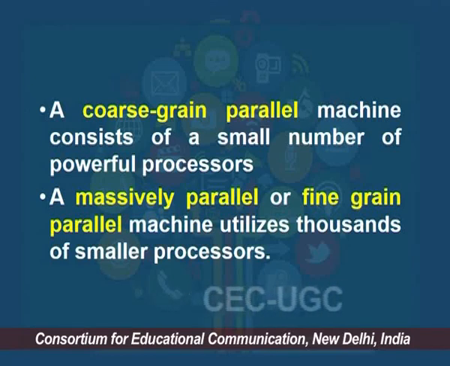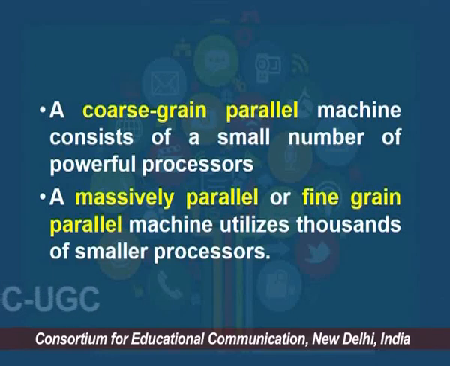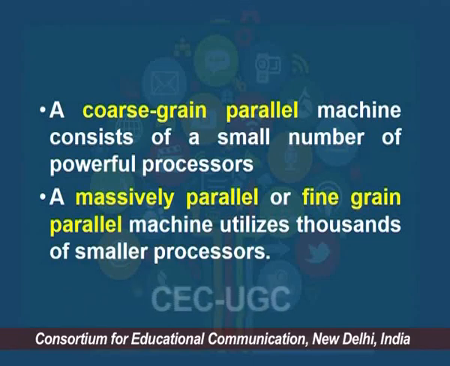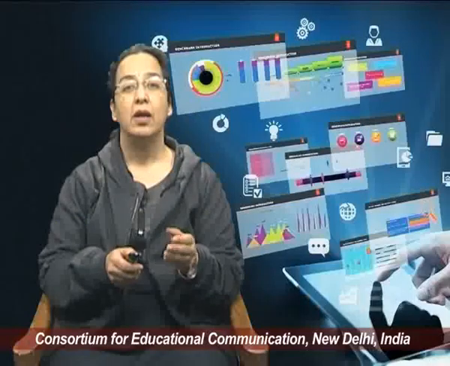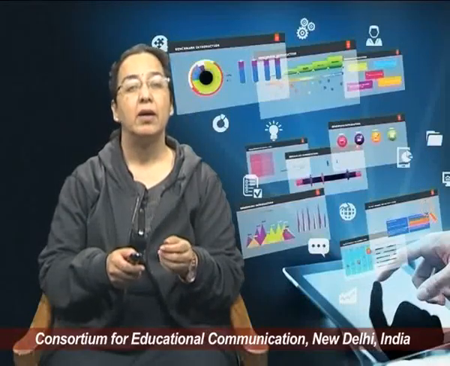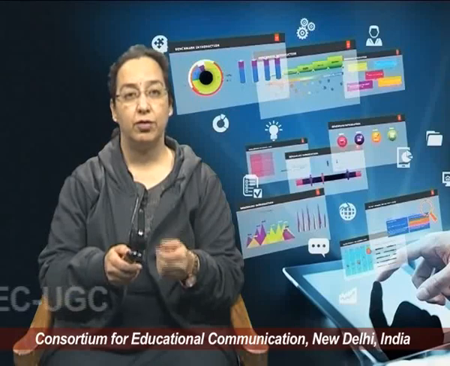So in one we have normal kinds of processors but in larger number, and in the coarse grain we have a small number of processors, but they are way more powerful than a normal machine.